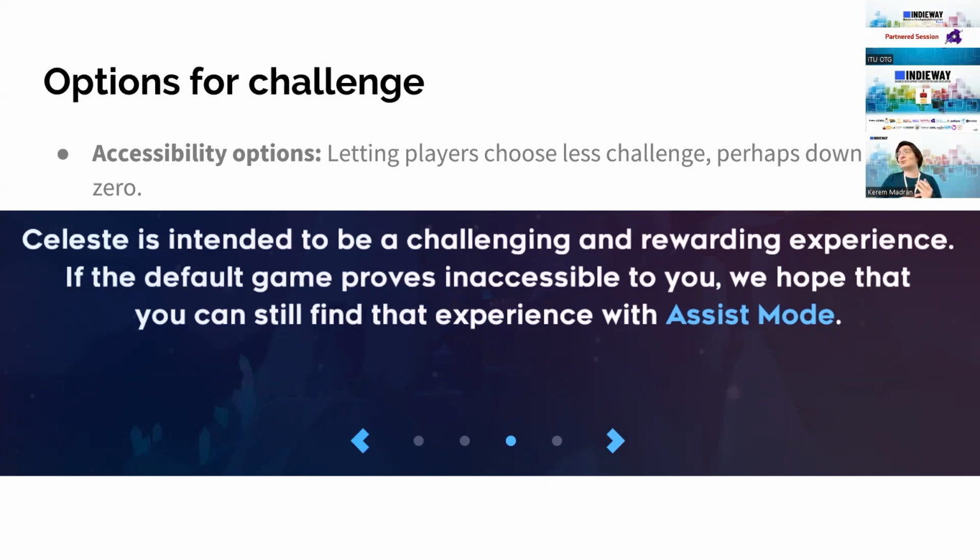In this game, for example, I needed the assist mode while playing Celeste. I really wanted to see the end of the story, so I reached the last chapter without touching the assist mode. And on the last day, I really wanted to discover what would happen, and I just remembered this option that I can select the level of difficulty of the game, and I set it to 0.